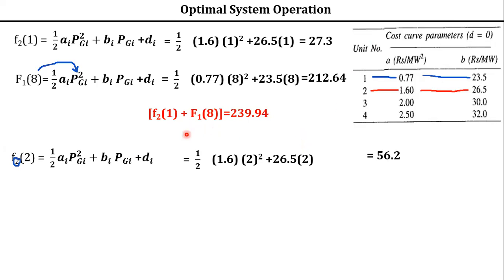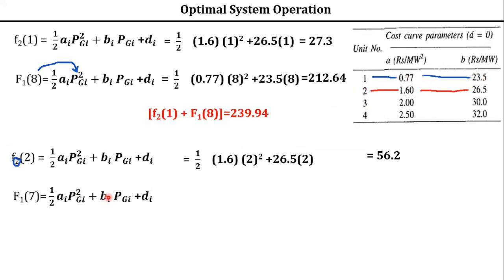And what is the other thing? It is F1 of 7. Sorry, F2 of 2. Third combination is F1 of 7. You see that equation, the previous equation, same equation. Now what are the AI, BI, DI values? Here you see unit 1 values. AI value is 0.77, BI value is 23.5.